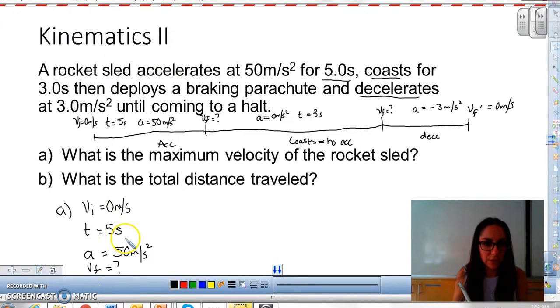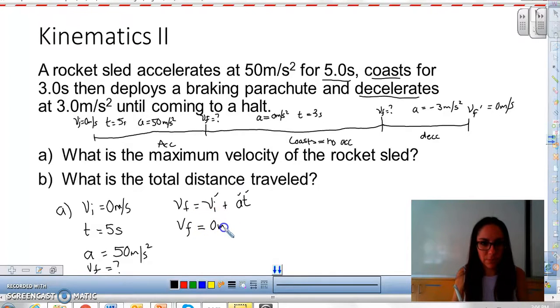If you take a look at your kinematic equations, the best one that suits this would be this. As you can see, we're looking for VF, and we have VI, A, and T. So this will help us solve for the final velocity.